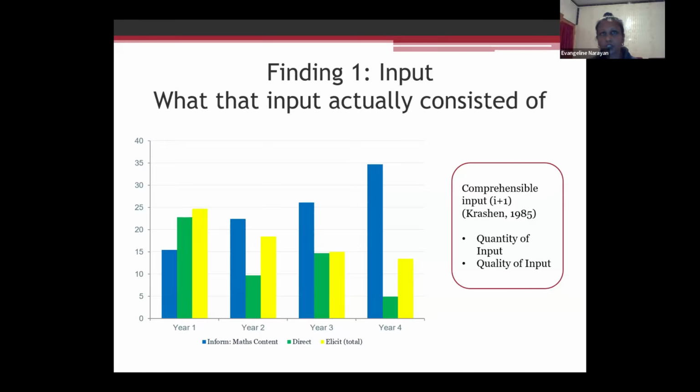So if we link this to second language acquisition theories, in particular Krashen's 1985 comprehensible input, we can say that the students received a large quantity of input and a variety of input. But if you look at the quality of input, that is yet to be ascertained.